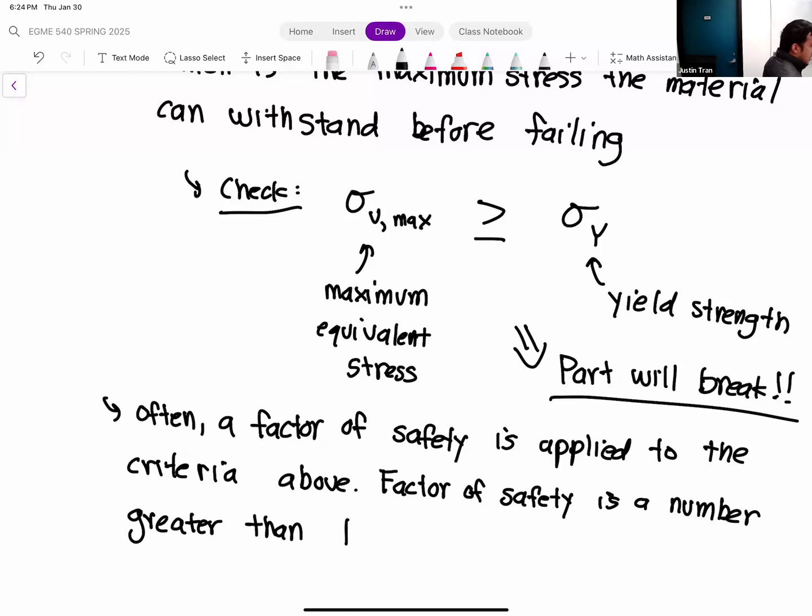The simplest way to use it is to scale down the yield strength, or the highest tolerable yield strength.